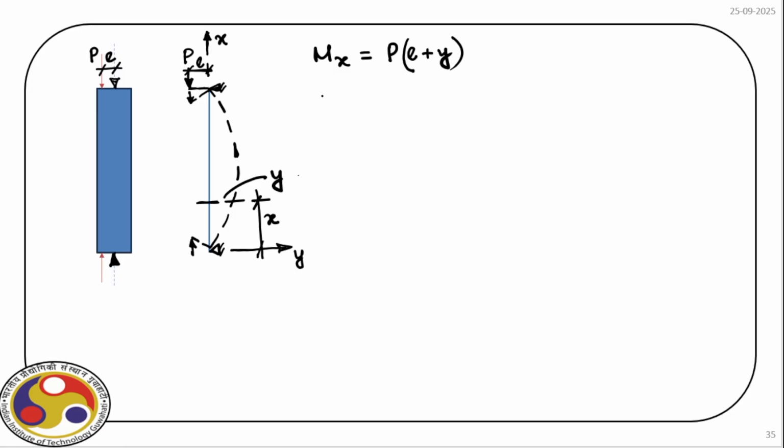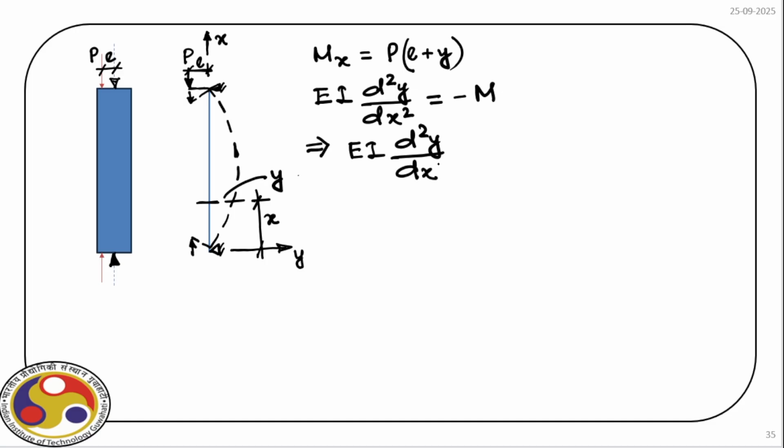Now the governing equation is, again we can easily write EI d2y/dx2 is equal to minus M, as per our notation. So therefore we have EI d2y/dx2 is equal to minus P times e minus P times y.